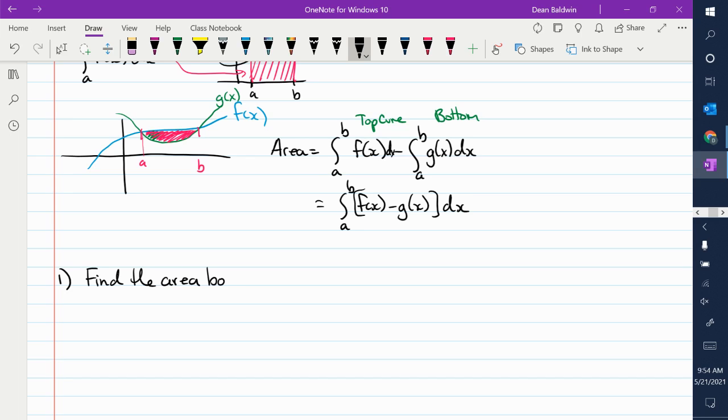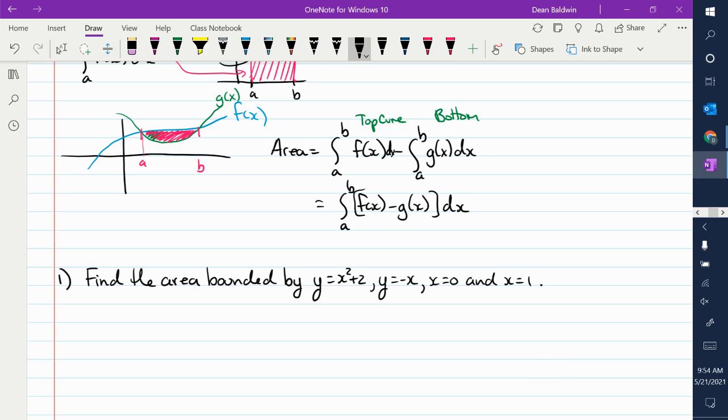Find the area bounded by y is equal to x squared plus 2, y is equal to negative x, x equals 0, and x is equal to 1.